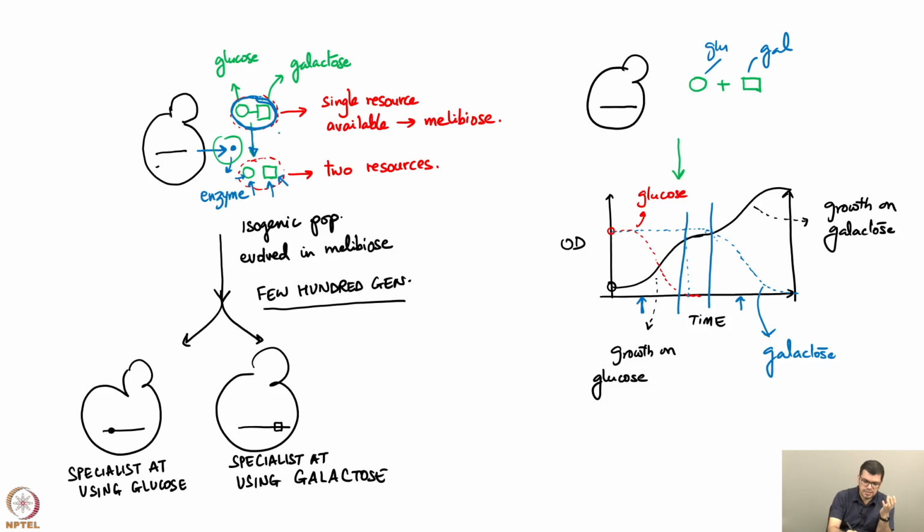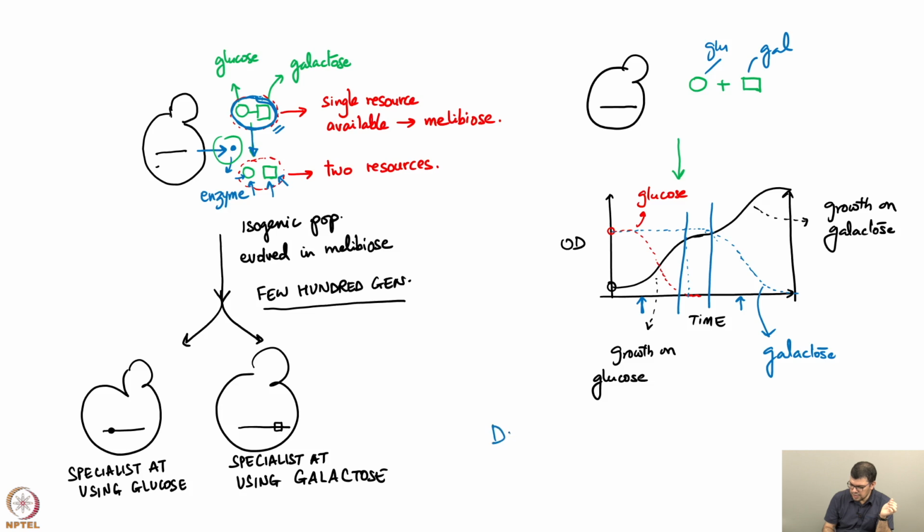Most of the carbon is just present as melibiose, and hence that scarcity of resource places a selective pressure on the population to not compete over the two resources that are available in very small amounts, but instead devise a strategy where one group specializes in using a small amount of one sugar and the other group acquires mutations to become a specialist at using the other sugar.